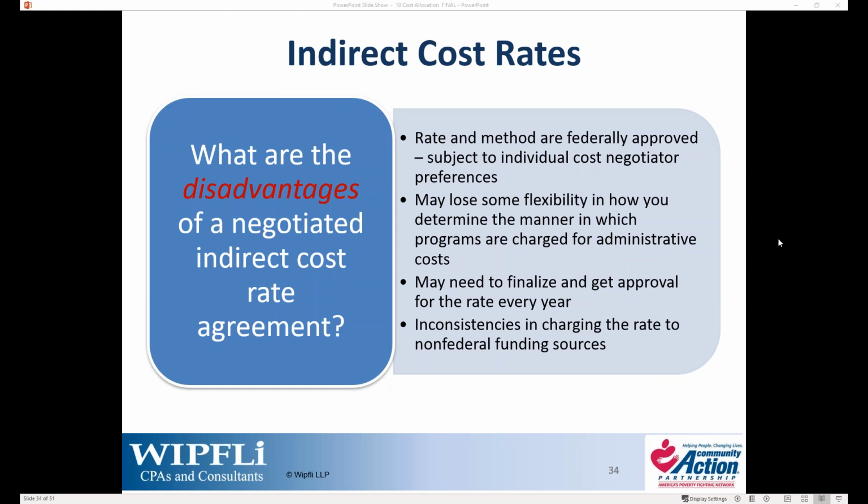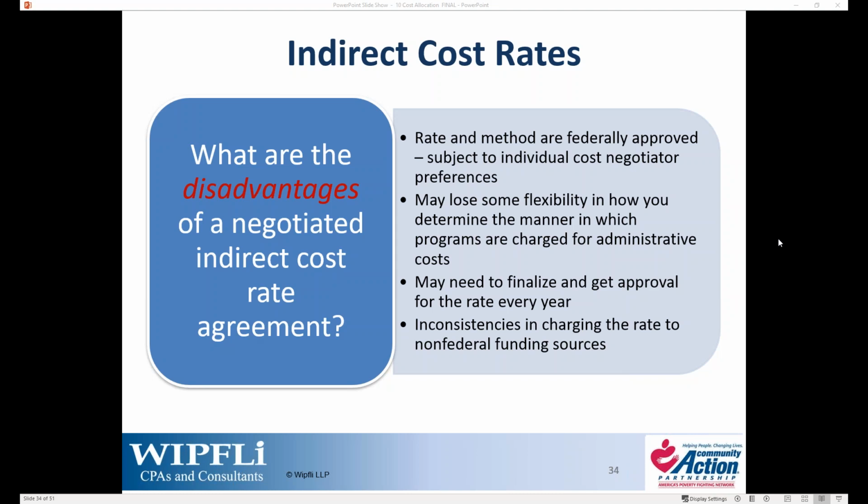Well, you have that flexibility if you're using the direct method. If you're using the indirect method, you lose that flexibility because you have to charge your rate. Another disadvantage is that you may need to have it finalized every year and get approval, so that takes administrative time. And there are also inconsistencies in charging the rate to non-federal funding sources.